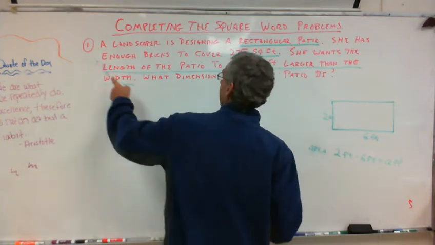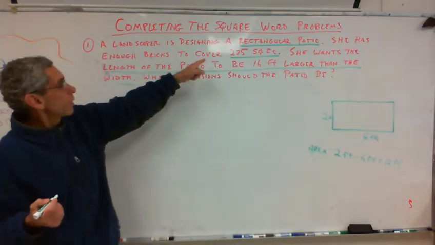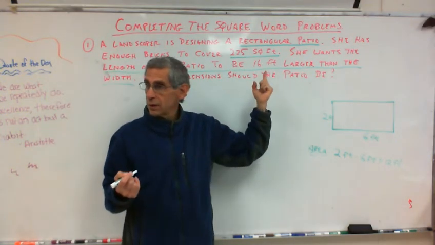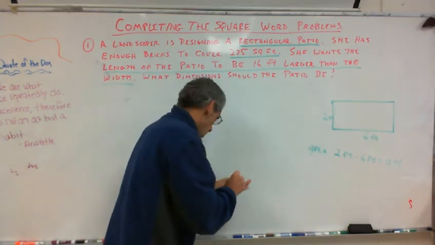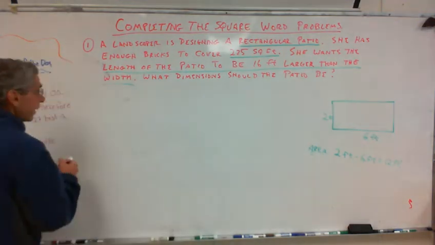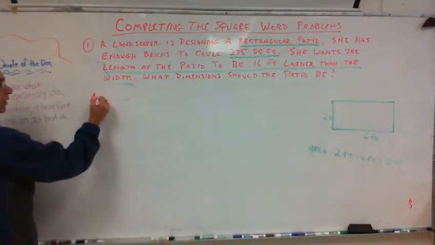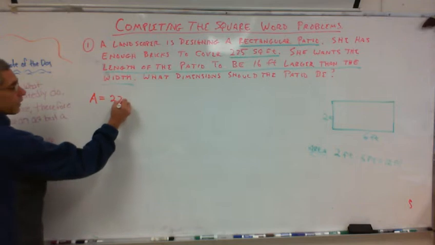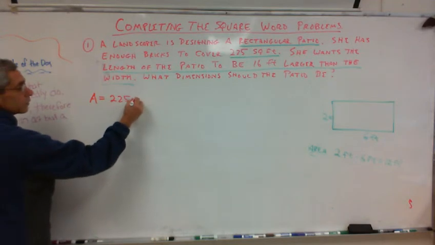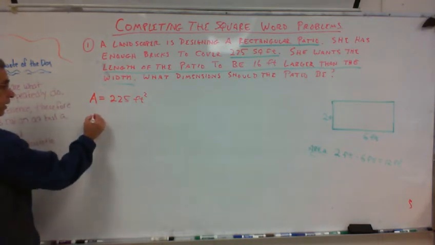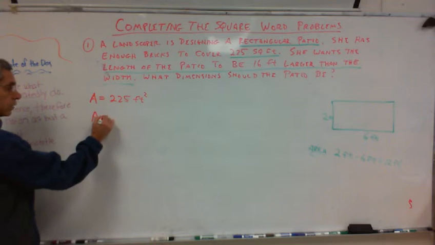So if they're saying they have enough bricks to cover 225 square feet, wouldn't you agree with me that's area? Okay, so that's good news. Immediately I'm going to write down what they gave me. A is equal to 225 square feet. So that's area. Now I also know my formula for area is what?